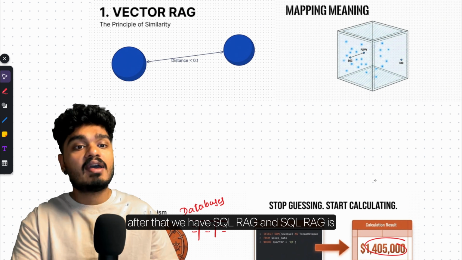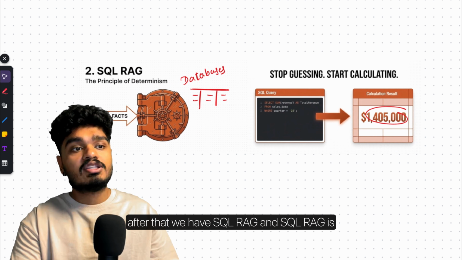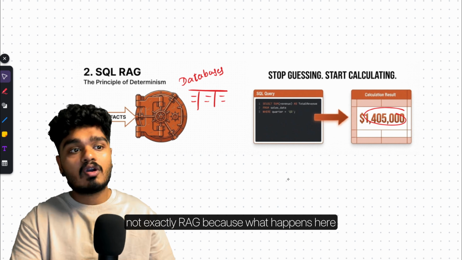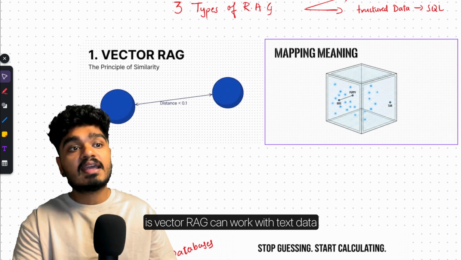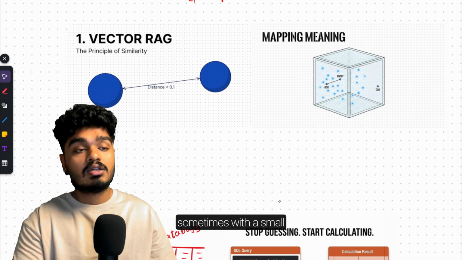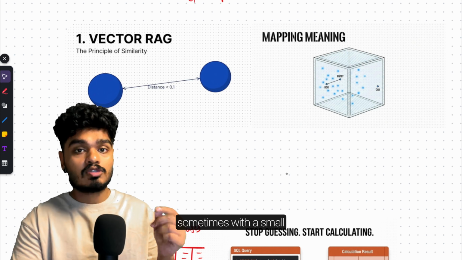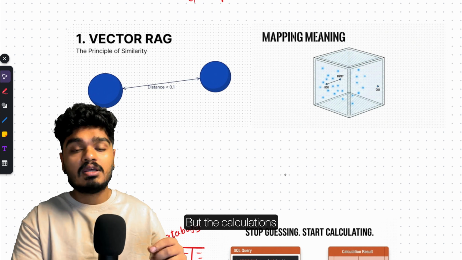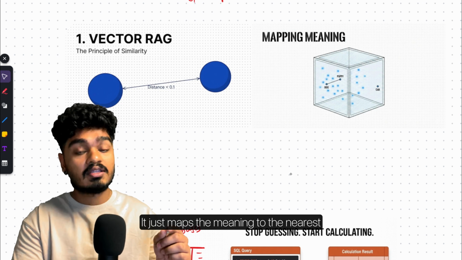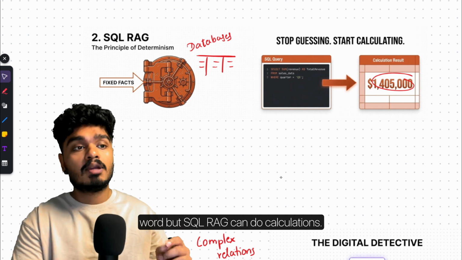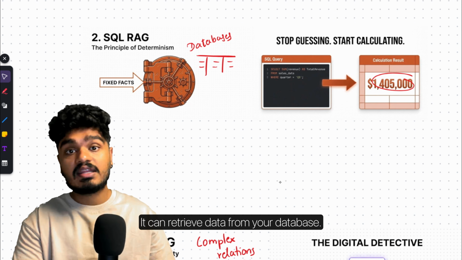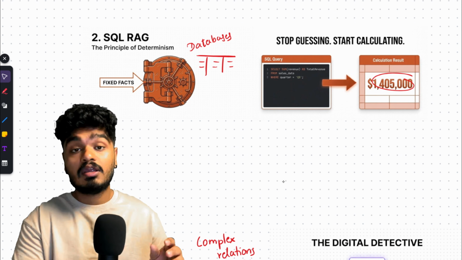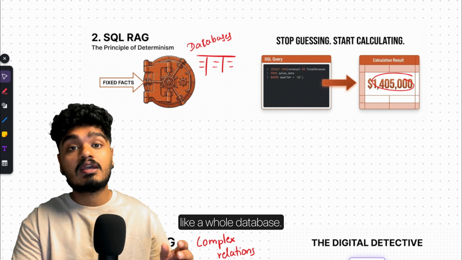But after that we have SQL RAG, and SQL RAG is not exactly RAG, because vector RAG can work with text data, sometimes with a small amount of numeric data, but it can't do calculations. It just maps the meaning to the nearest word. But SQL RAG can do calculations. It can retrieve data from your database. It'll totally work with fixed facts, like a whole database.